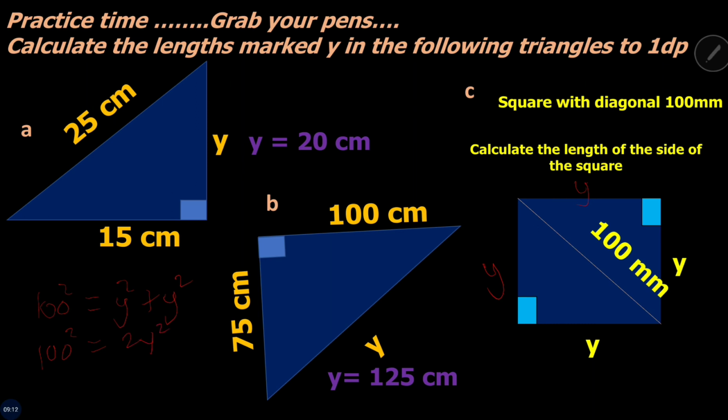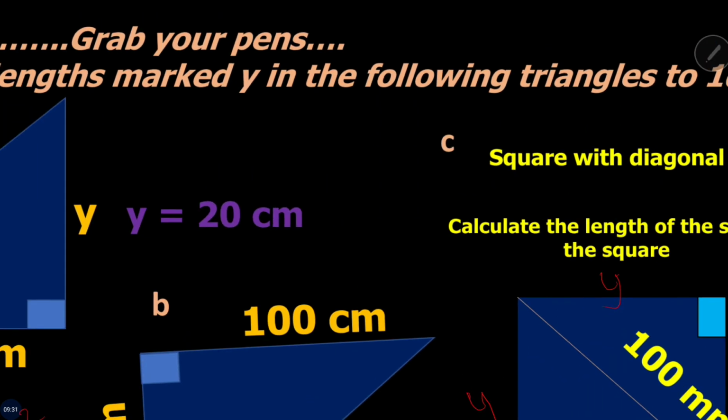Divide both sides by 2. 100 squared over 2 is now equal to y squared. So this side is now being divided by 2. Okay, let me just do that.